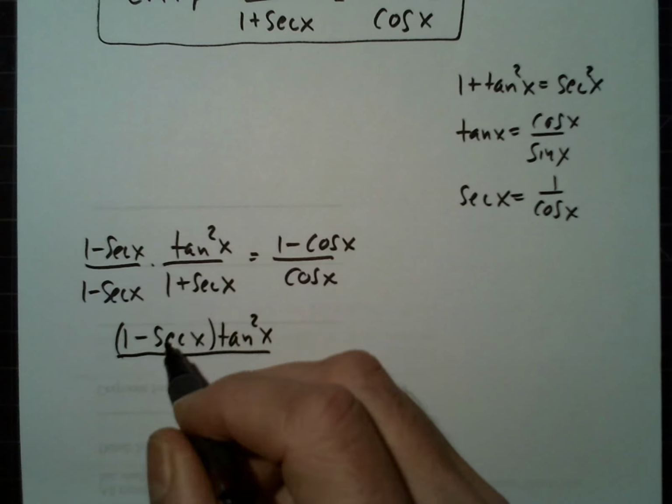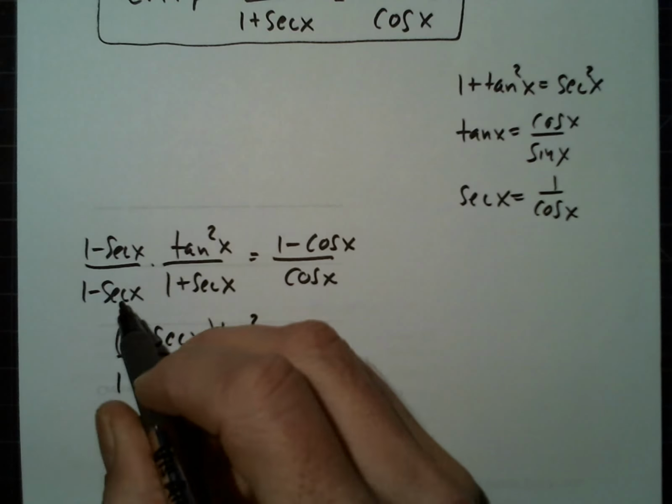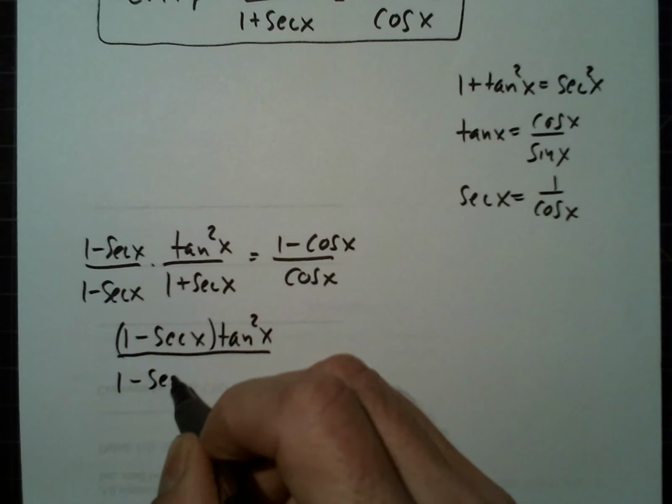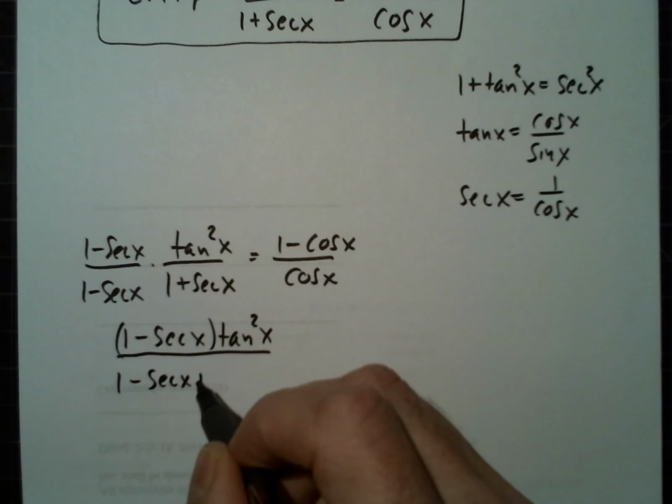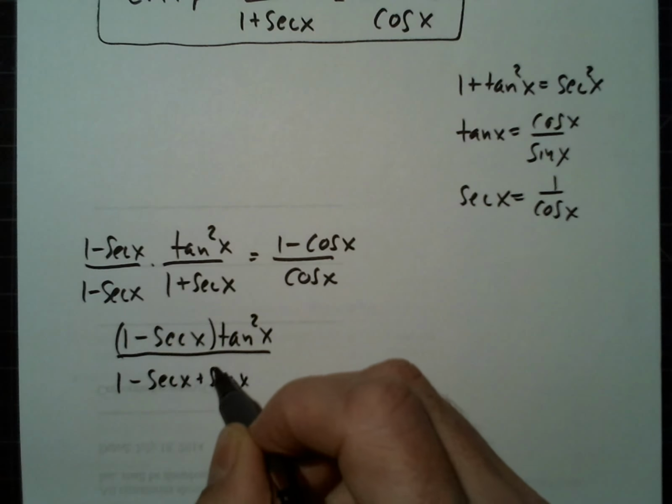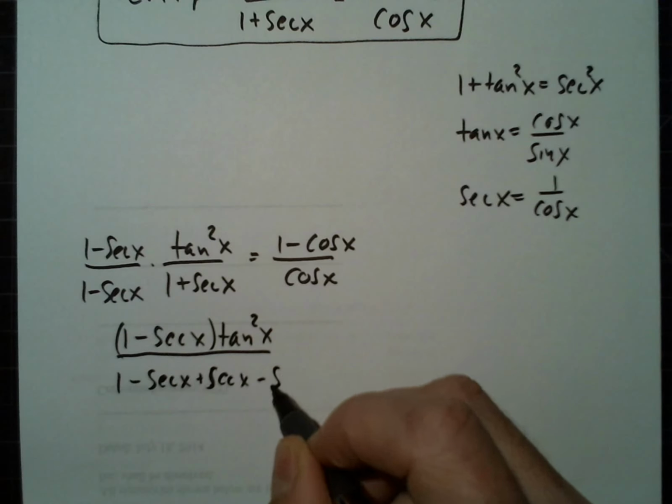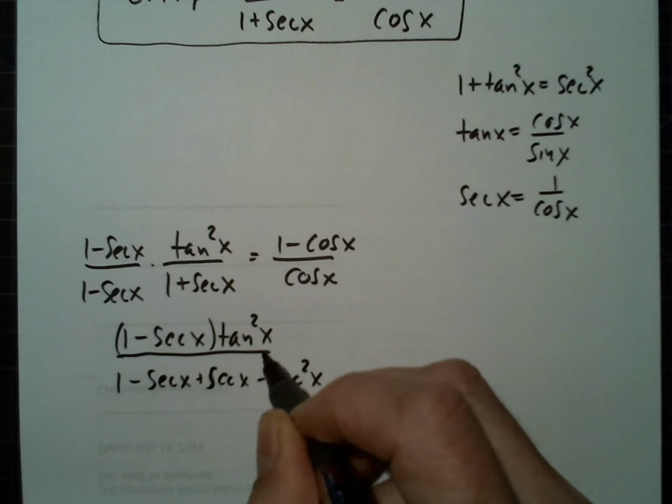When we distribute this, we're going to go 1 times 1, negative secant, positive secant, and minus secant squared.